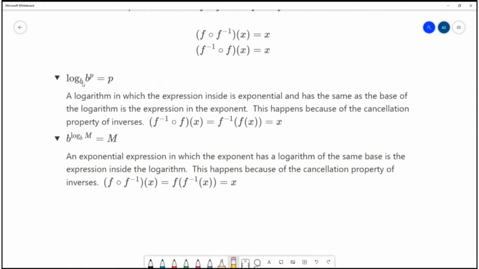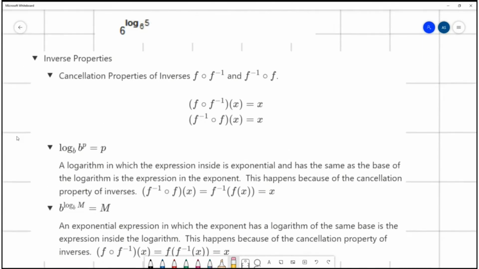Now the reason why they're inverses of each other is because the log is base b and the exponential is base b. On both of these, we have the exponential being base b and the log being base b, and so they're inverses.